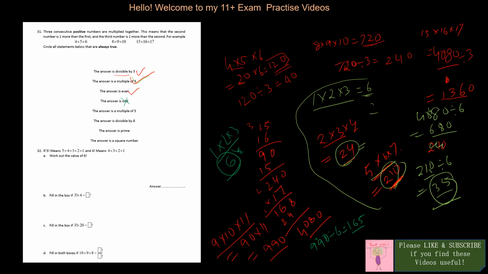Then 720 would be a multiple of 5, and 4080 would be a multiple of 5 because it ends in a 0, but it is not always a multiple of 5.